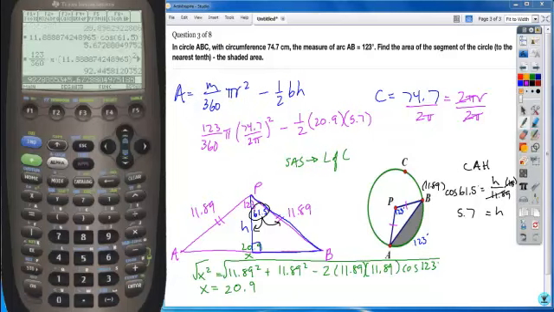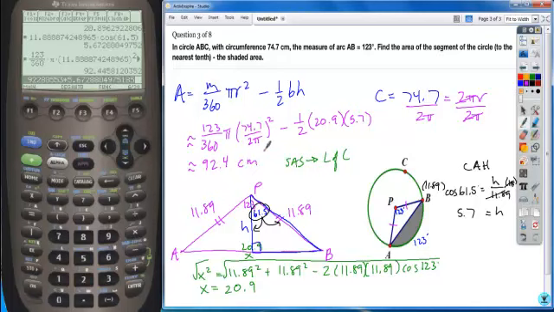And when I hit enter, I get my solution. My total area here is going to be 92.4, and that is my answer. The units are centimeters squared because it's an area.